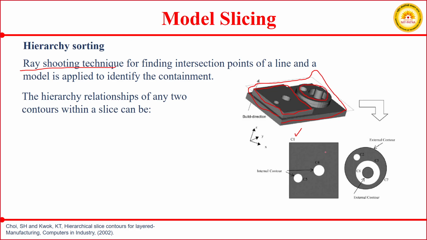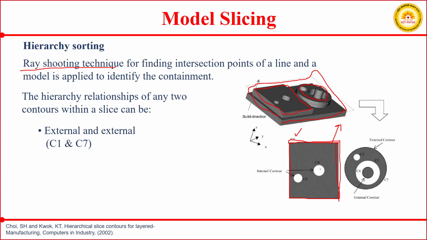Okay, so there you may find different kinds of relationships, like external and internal contours. What kind of contour is C1? It is an external contour. There is no material outside this contour, that is why we say it is an external contour.